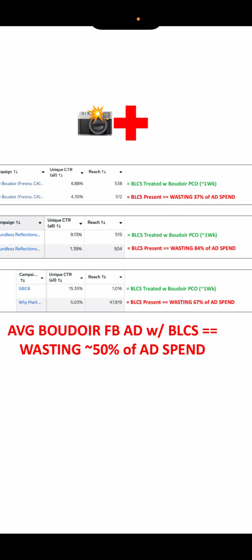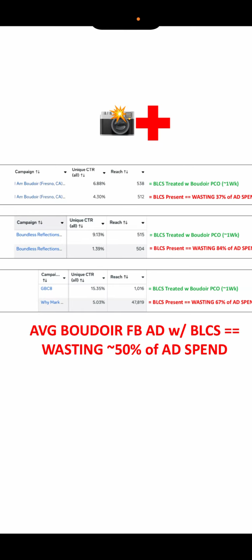Simply run the new Boudoir Facebook ad treated with Boudoir Pico, pocket that $3,700 a month, or whatever that is, 40 grand in the first year, and still get their Boudoir Facebook ad into the same number of women's brains as the original ad. But they get like an invisible 40K of profit in the next 12 months.